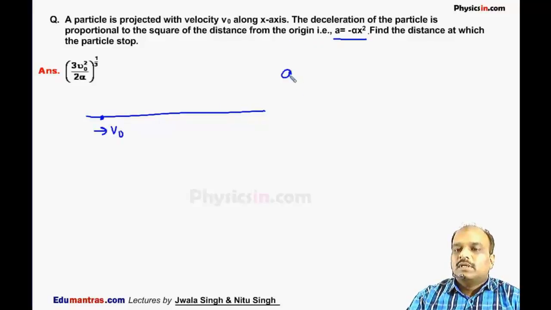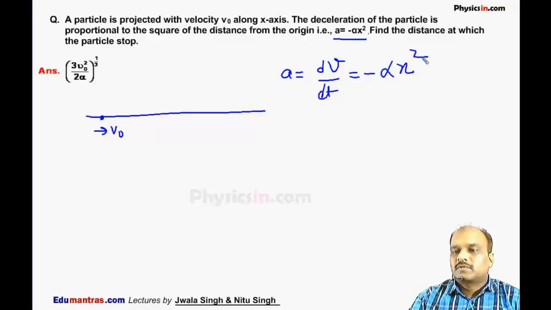Now we know a is equal to dv by dt, the rate of change of velocity. Here the motion is in one dimension, so it is also equal to minus alpha into x squared. It is given.